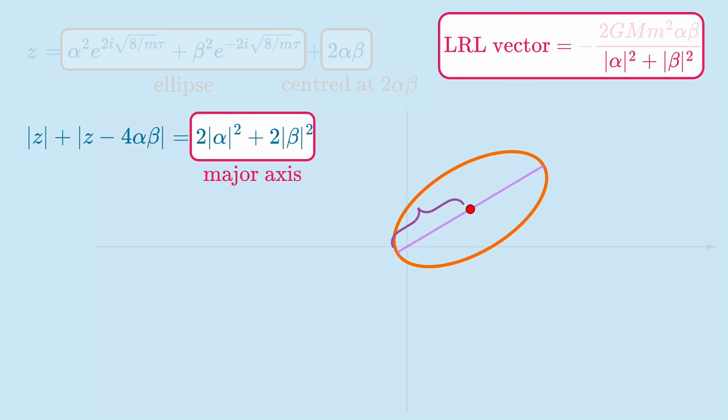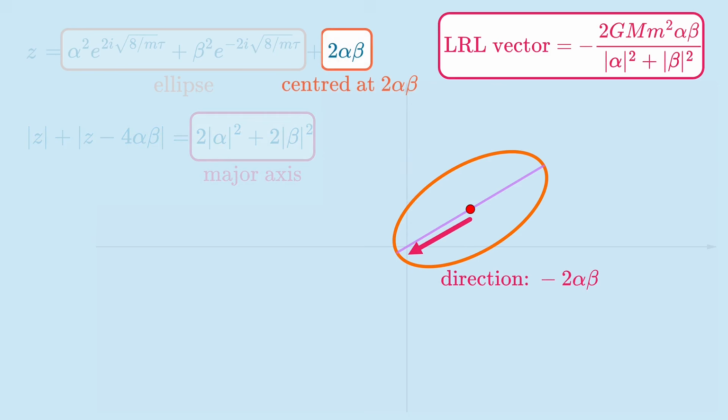Equivalently, the semi-major axis from center is mod alpha squared plus mod beta squared. So the LRL vector points in the negative 2 alpha beta direction, and since the center is at 2 alpha beta, it points from center to the origin.